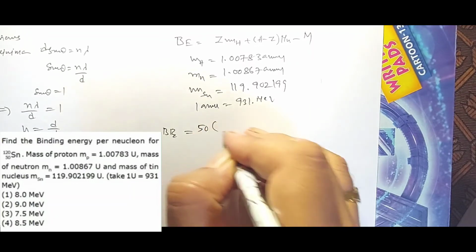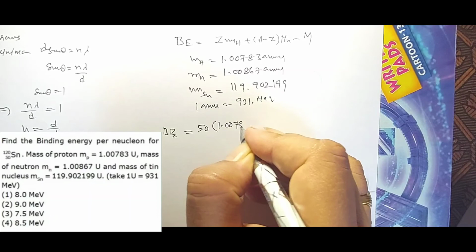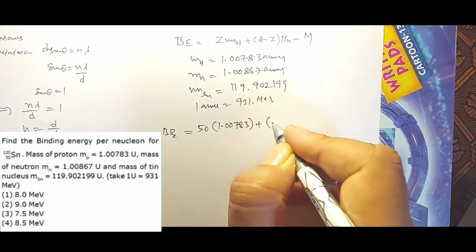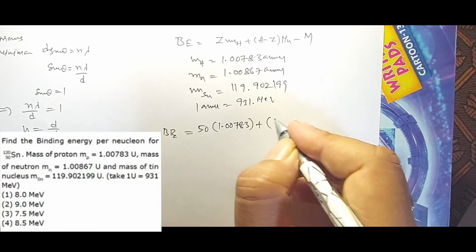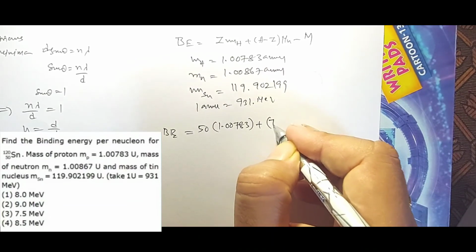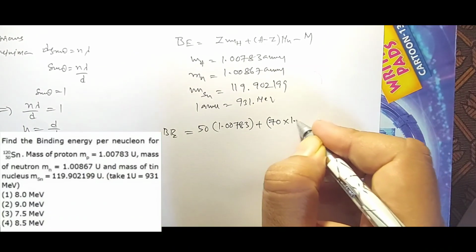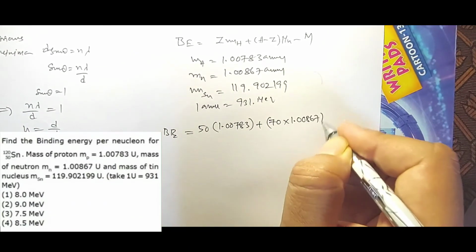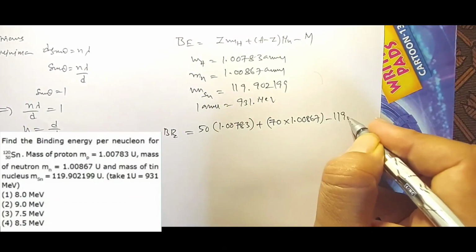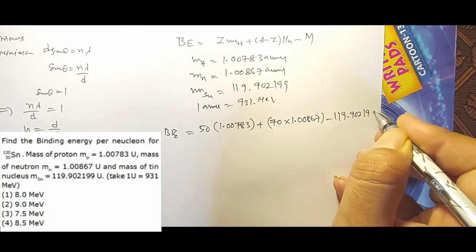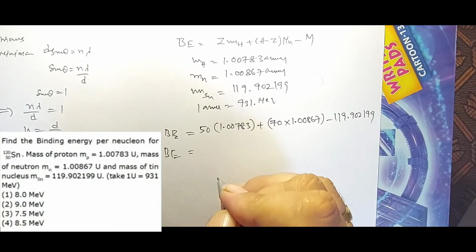So 50 into the mass of the proton, 1.00783, plus A minus Z, 120 minus 50, that is 70, 70 into Mn, 1.00867, minus the actual mass of the nucleus, 119.902.